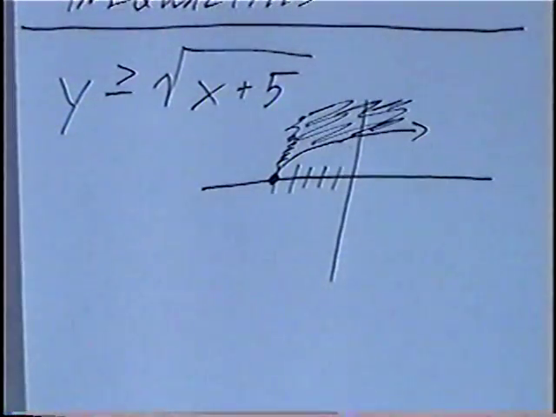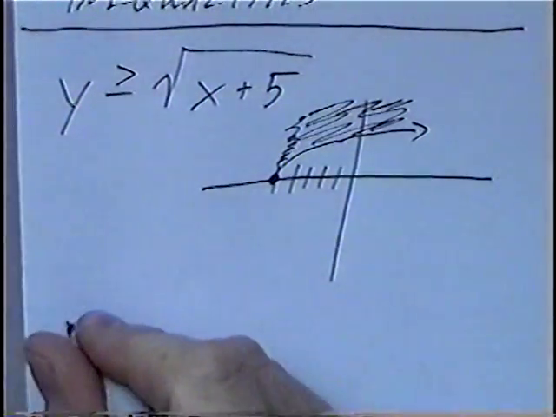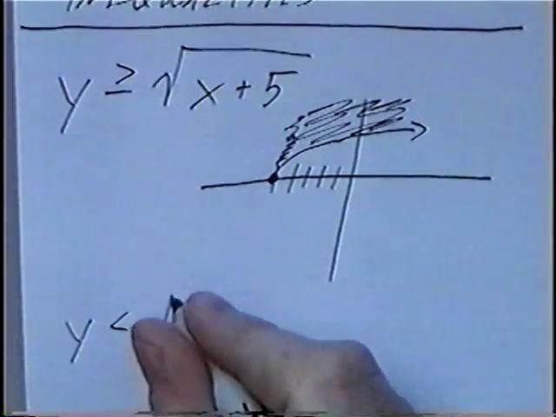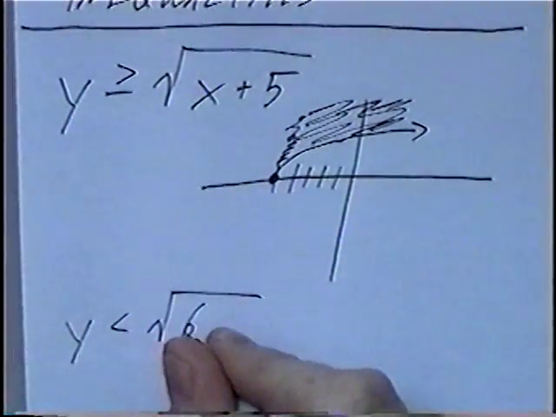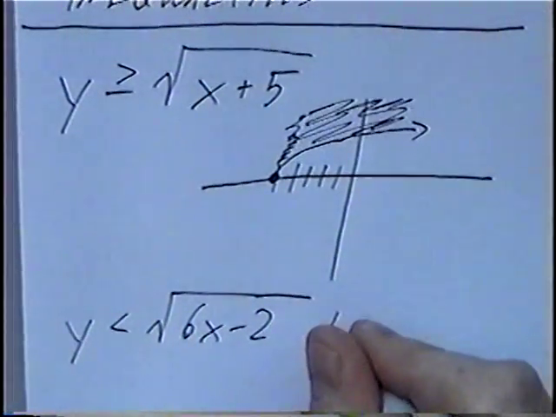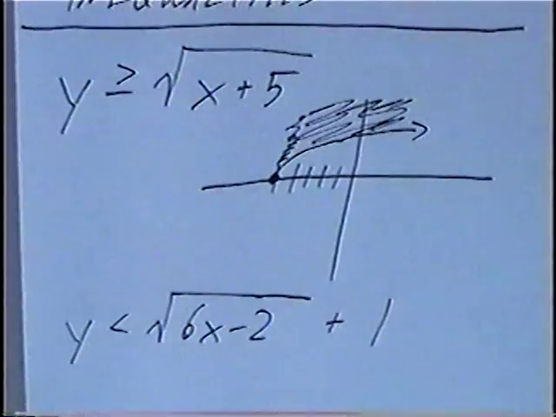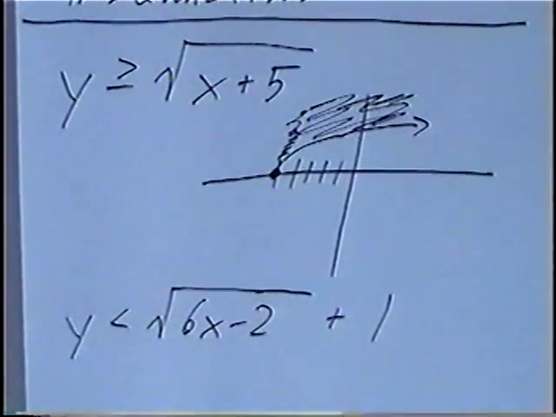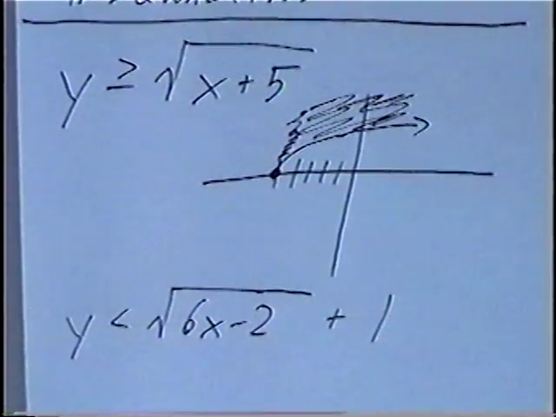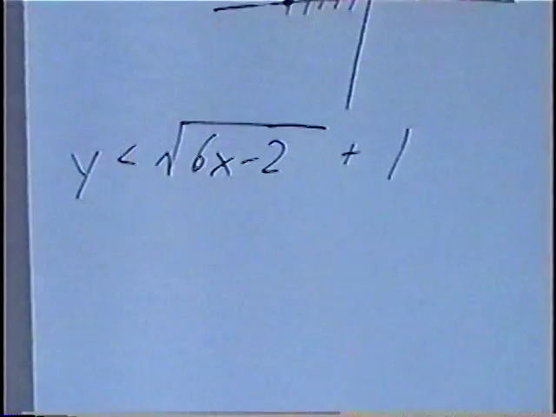Second question and last question for the section. We have y is less than the square root of 6x minus 2, and outside the square root plus 1. And again, if you wanted to, you could do a t-table with several values to graph, or if you find the one point where the square root starts, then we can graph the function from there.